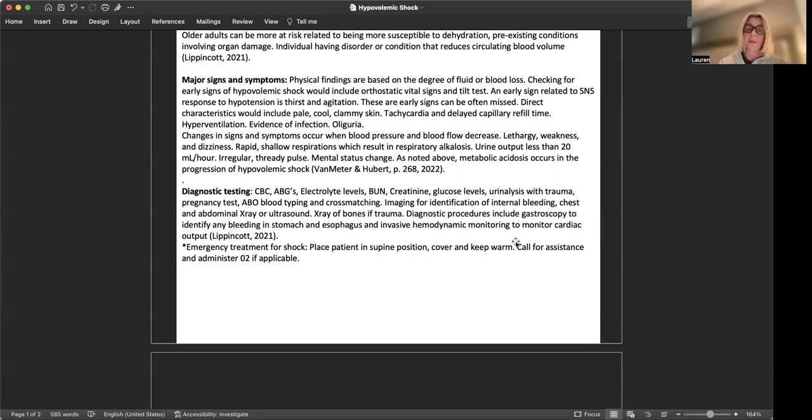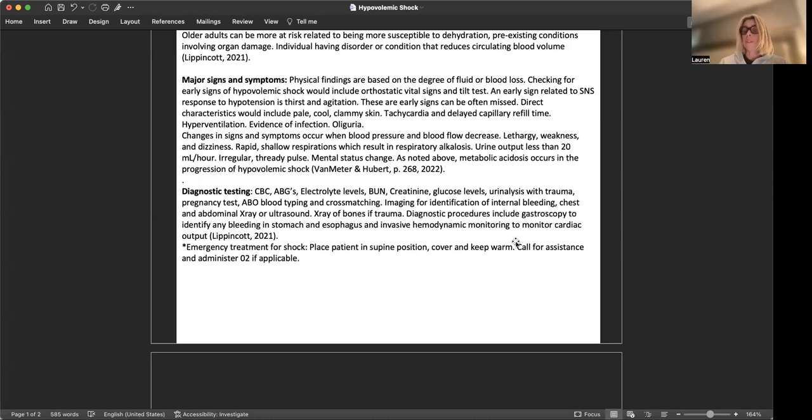ABO typing and cross matching is very important, because if they're getting a blood transfusion, you need to know that quick. And imaging for identification of internal bleeding: chest and abdominal x-rays, and x-rays if bones are broken in a trauma.